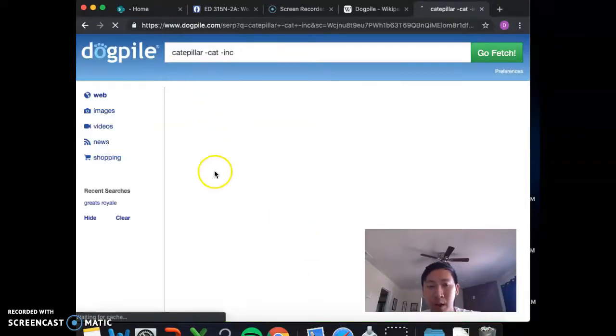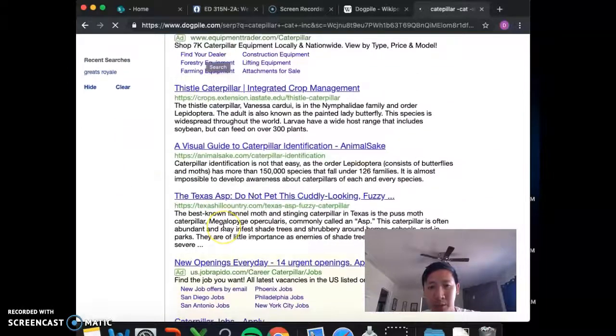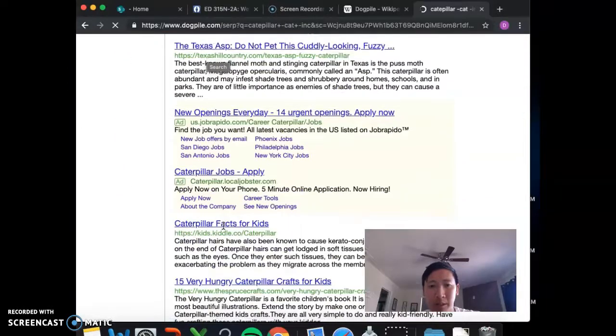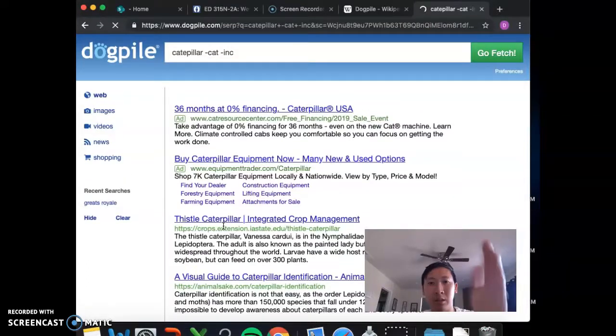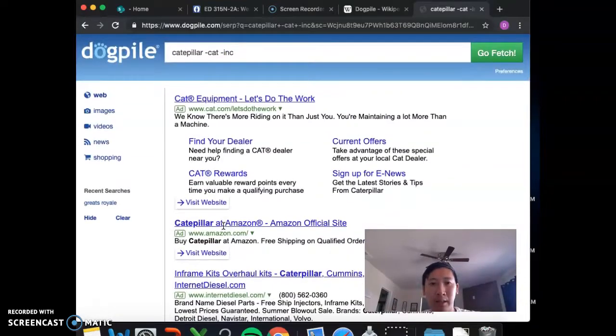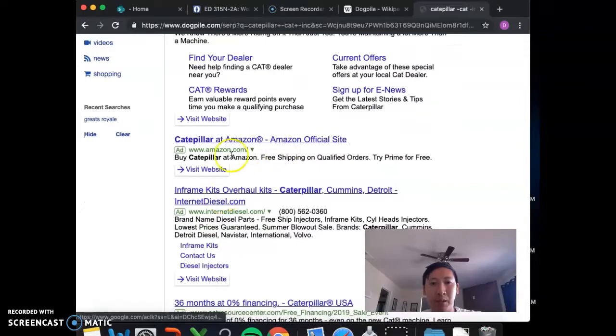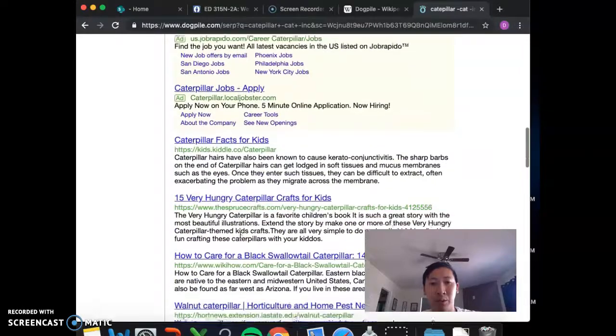The reason why you use the minus is so that you don't look into companies such as the construction company CAT, as well as the incorporated. As you can see on the top, here's the company, here's other stuff that you're not really looking for. We're looking for the insect caterpillar, which is going to be towards the bottom.